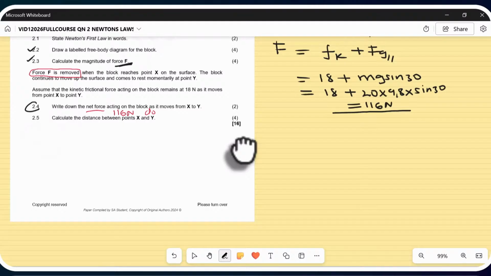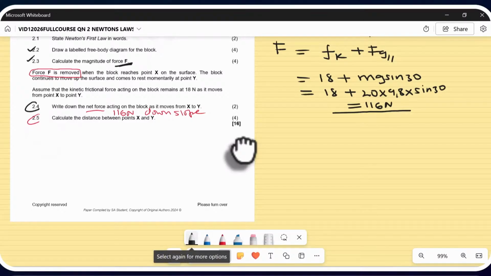To get that distance, don't forget that V initial is 2 meters per second, which was the constant velocity. Are we together? And V final is 0, and we're looking for the change in x, the distance covered. Because it's coming to 0 from 2, we need to find the acceleration.